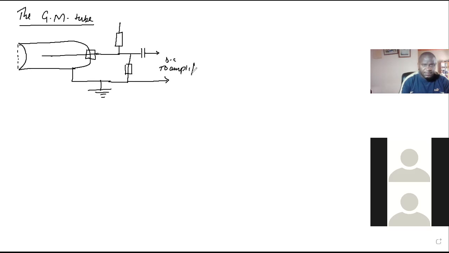So this goes to the amplifier that amplifies the pulses. So this is the metal cathode. This is what we call the thin wire anode.